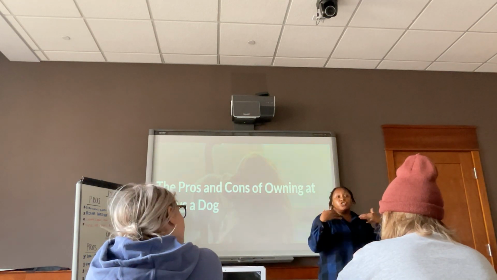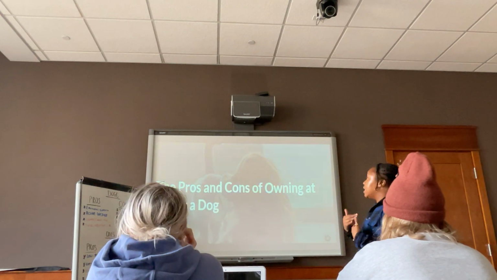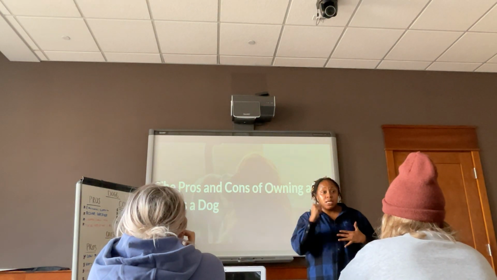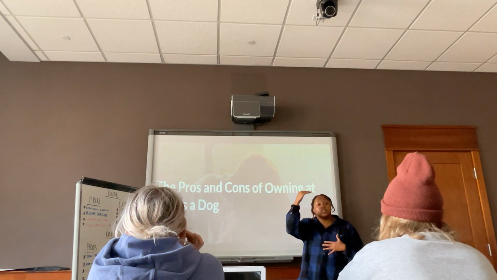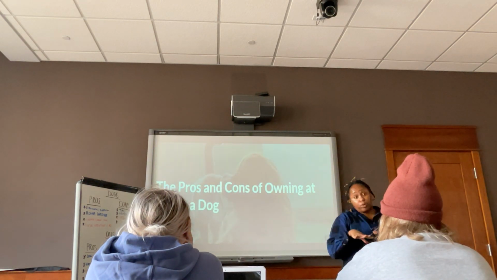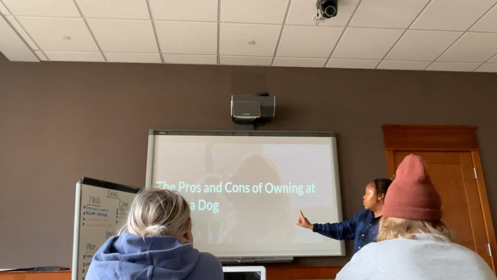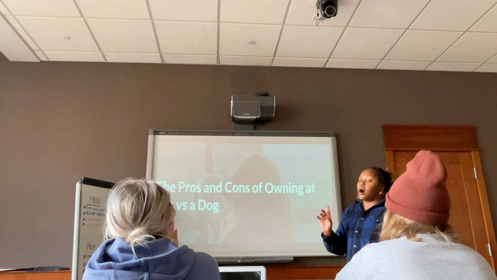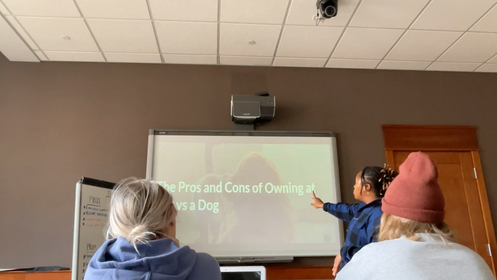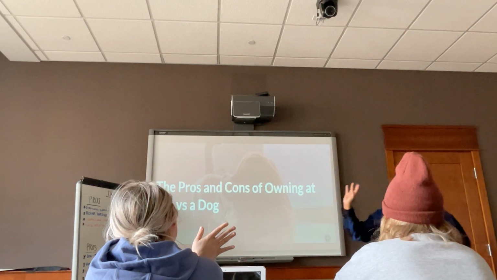And then she organized her thoughts. Then she did the tree, which is a topic sentence, a reason, explanation, and her ending. And then she wrote more. So Lindsay efficiently used the POW Plus tree to pick a stance for the article, the pros and cons of dogs versus cats.